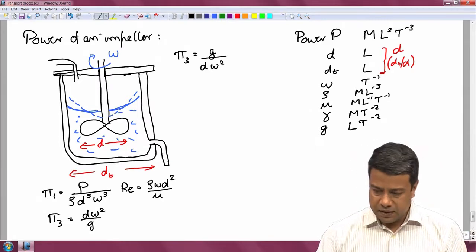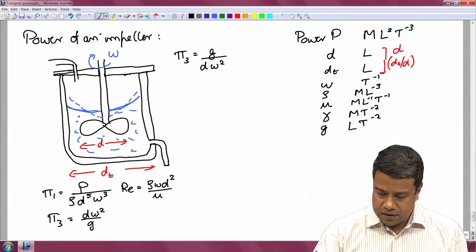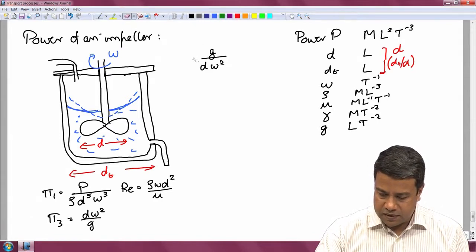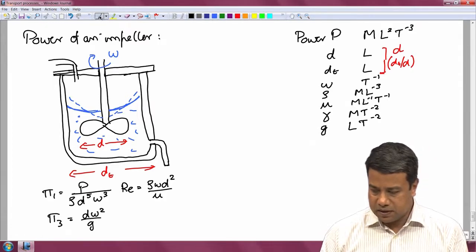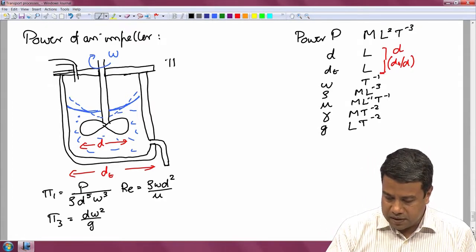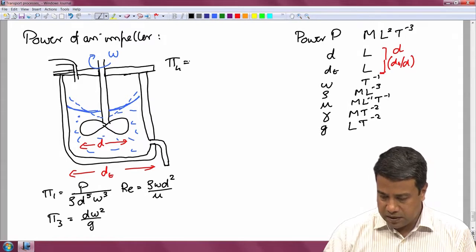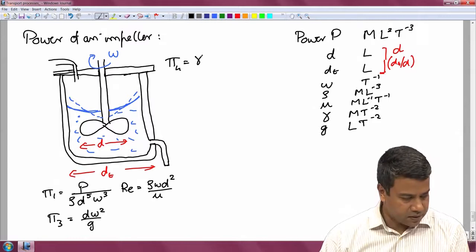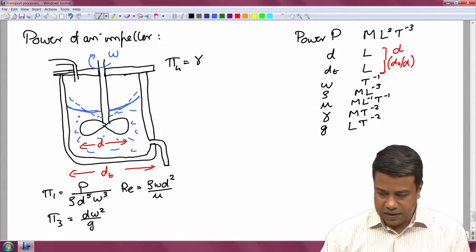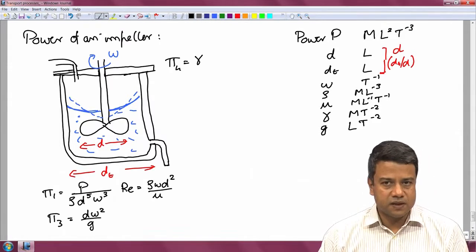Okay. And the final dimensionless group has to involve the surface tension. Once again, that is an independent dimensionless group. So, therefore, I can create a dimensionless group as gamma, and then I have to scale it either by the viscous scales or by the inertial scales.